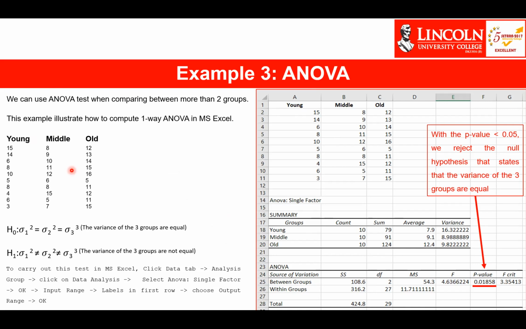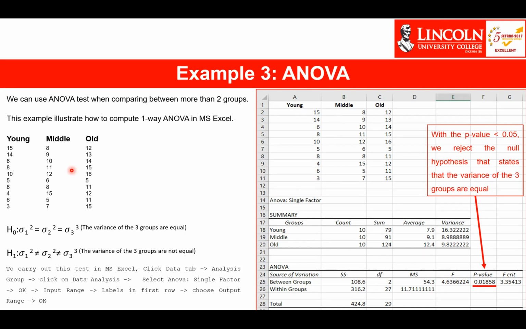And to perform this, we have to state our null and alternate hypothesis. The null hypothesis always states that the variance of the three groups are equal. That is, the three groups have equal variances. While the alternate hypothesis always states that the variance of the three groups are not equal.